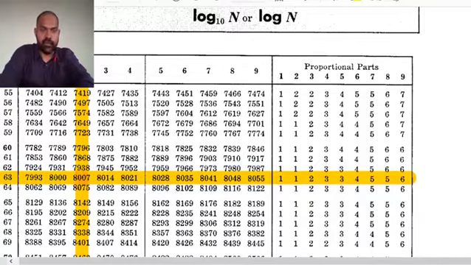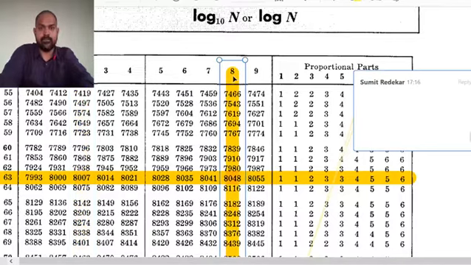Under 63, we are looking for 8. And the value right there is 8048. So 63, 8 is 8048.